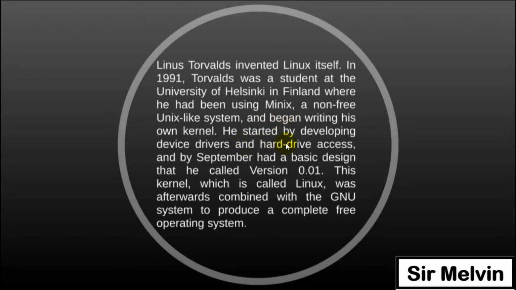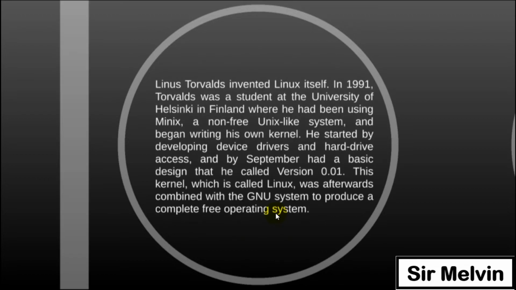He started by developing device drivers and hard drive access, and by September that year, in 1991, had a basic design that he called version 0.01. This kernel was called Linux, and was afterwards combined with the GNU system to produce a complete free OS. So Linux and GNU combined to become a free OS.